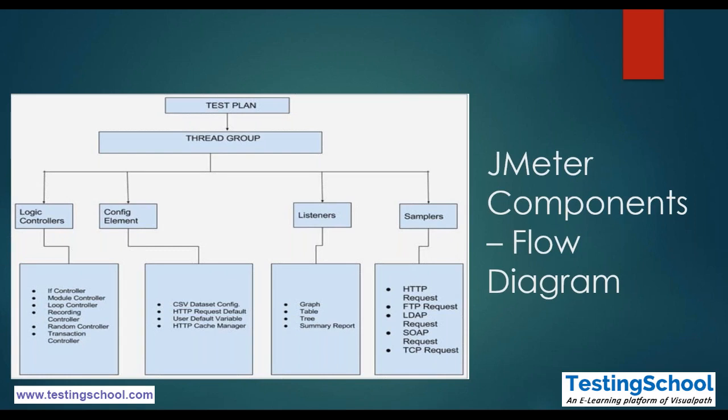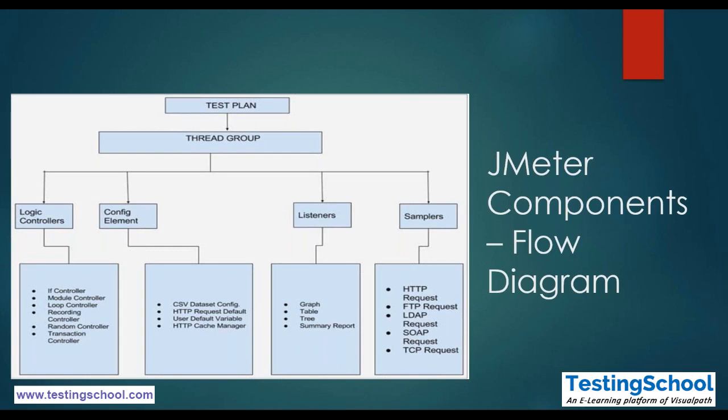After that, in thread group, the most important thing is the samplers. Samplers are of various kinds which JMeter supports. On a very high level, you can say that samplers are nothing but protocols. Widely used samplers are HTTP request, which is the basic protocol which web applications use.